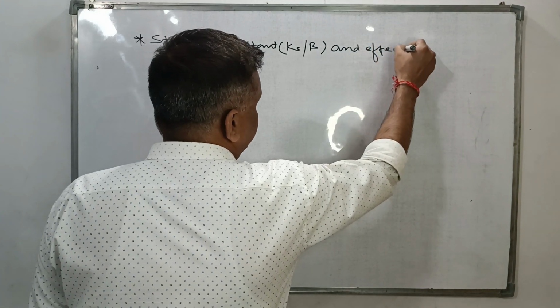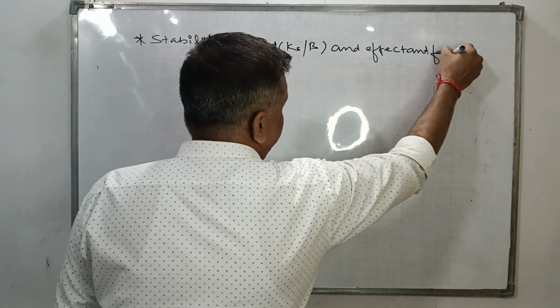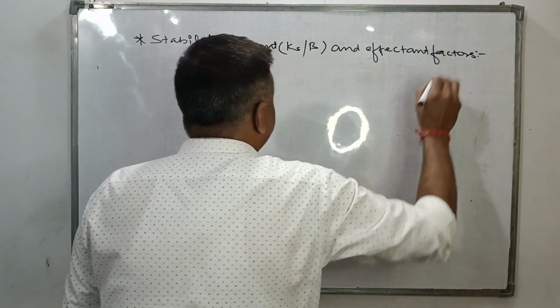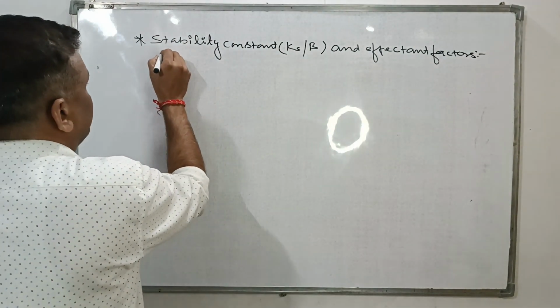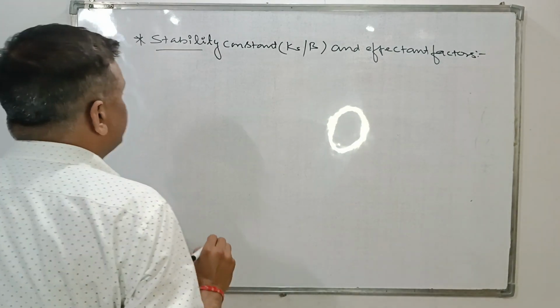And the factors affecting the stability of the complex compound. So first of all we'll go with the meaning of stability constant.